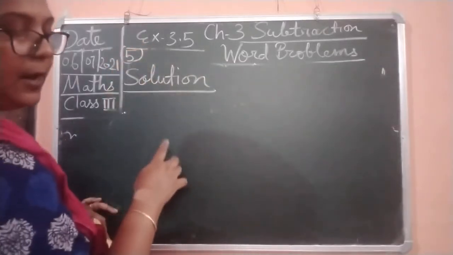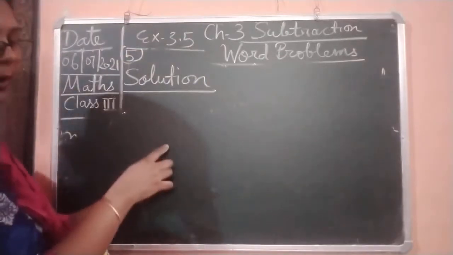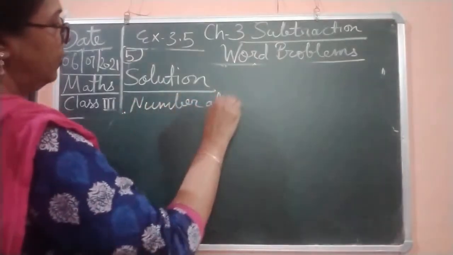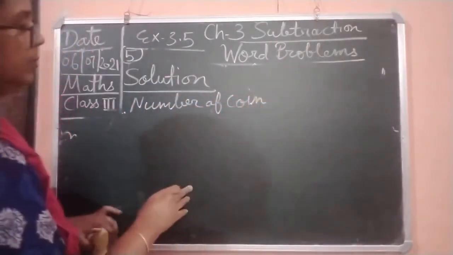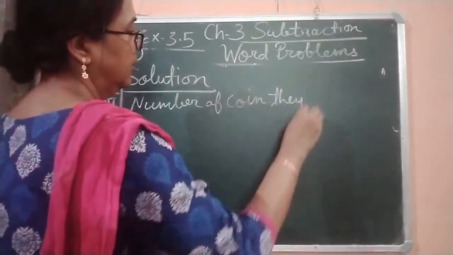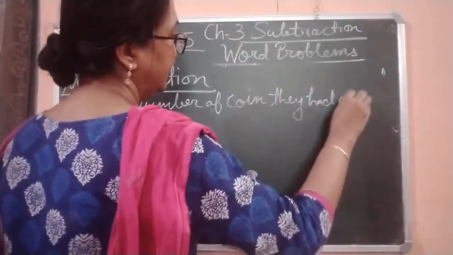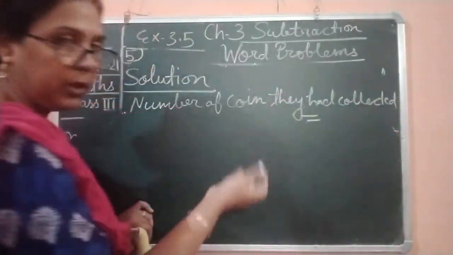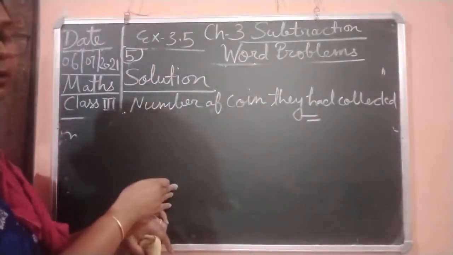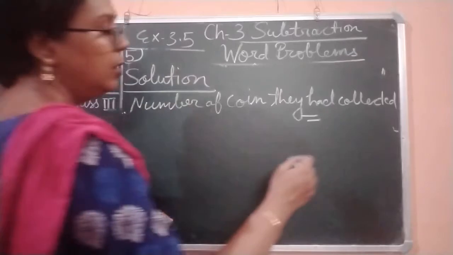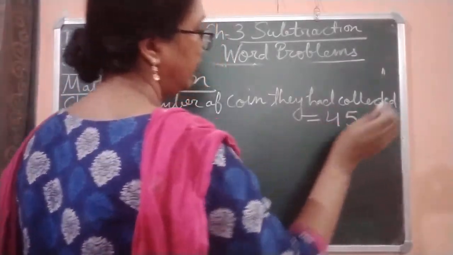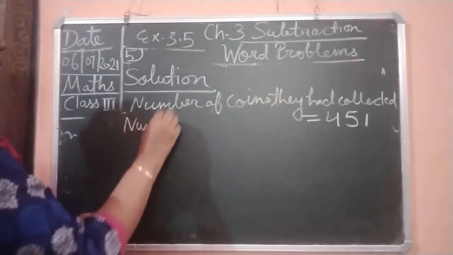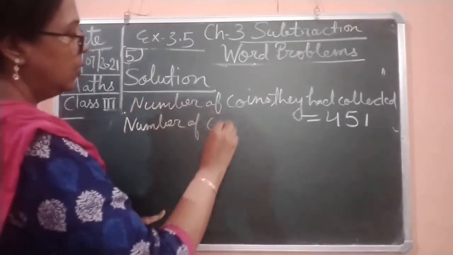First we will write number of coins they both had collected. So how many coins did they both collect? 451 coins.